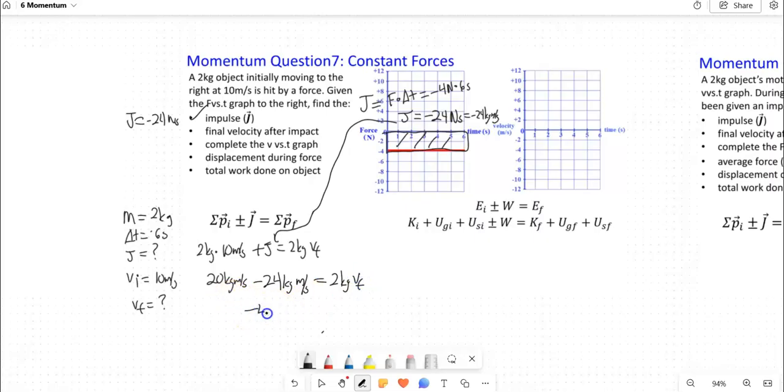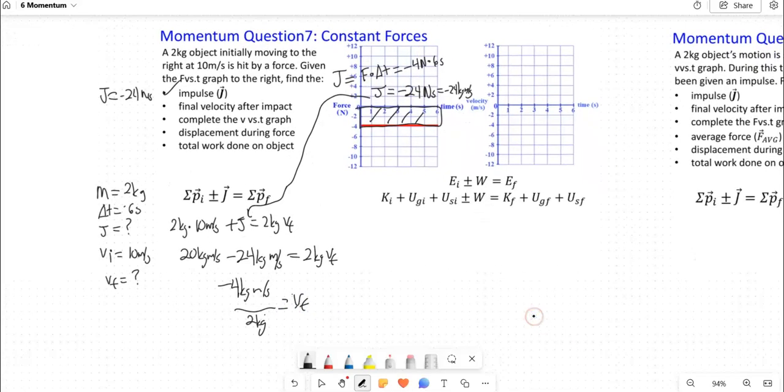So this is going to be -4 kilogram meters per second. We divide that by 2 kilograms and we have V final. So this is going to result in a final velocity of -2 meters per second. V final equals -2 meters per second.